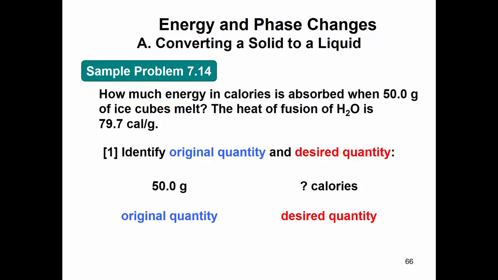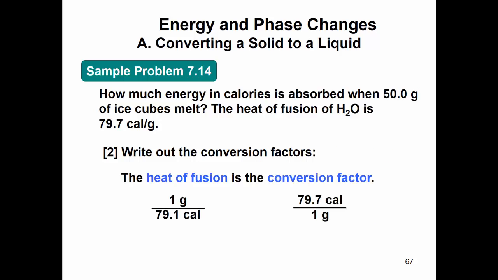So you have 50 grams and you want to know calories. Right away when I look at my problem here, I've got grams that could cancel, and that leaves me with calories. So you have two conversion factors. You've got 79.7 calories per 1 gram, or you could flip that over, just like always.